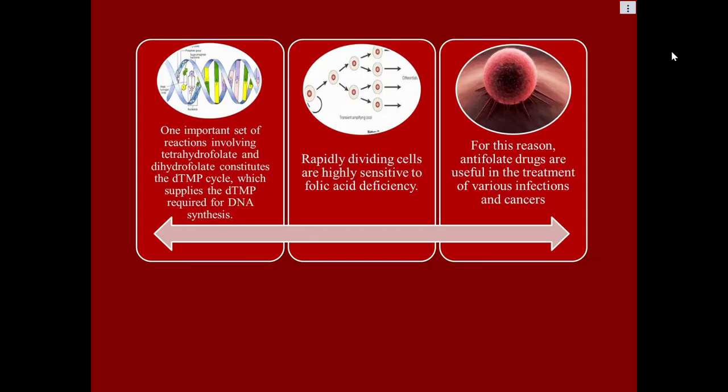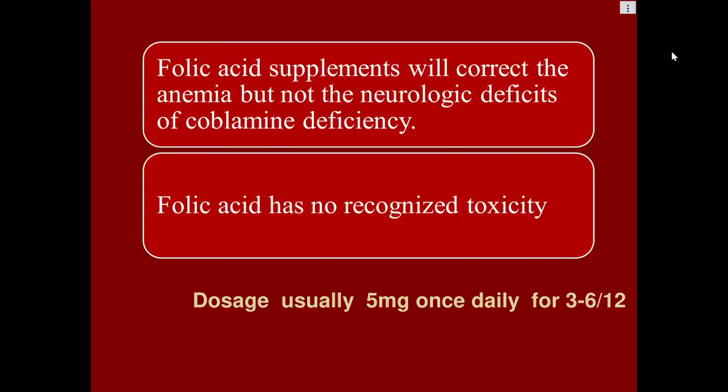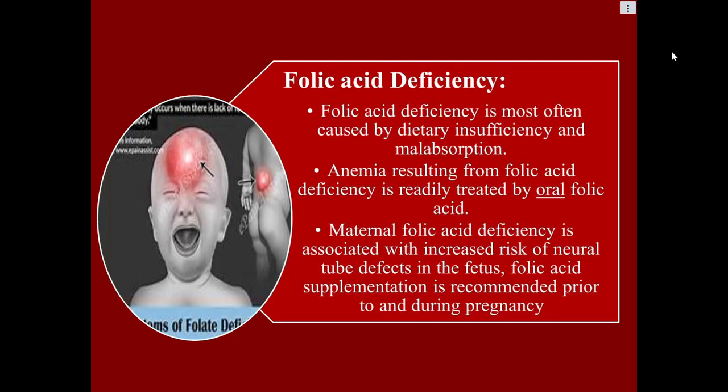We have looked at sources of vitamin B12, and talked about dietary deficiencies, which you've looked at, okay? We say that maternal folic acid deficiency might lead to neural tube defects, especially in the fetus. So folic acid supplementation is recommended prior to and during pregnancy.